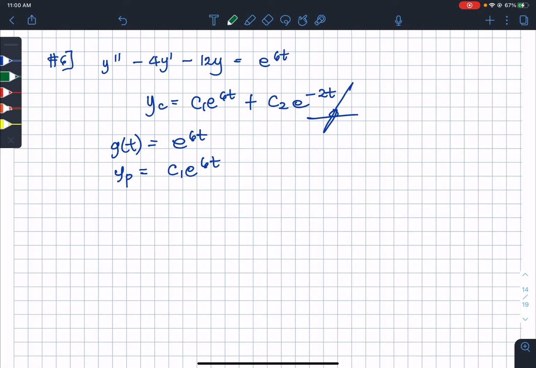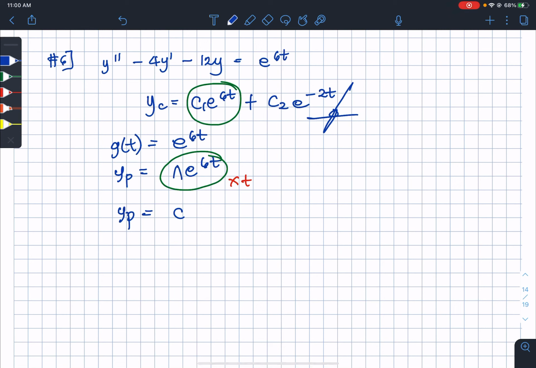However, this one is the same as this. So what we're going to do is multiply it by t. So our yp then would be, it's not c1, it should be a, a times t e raised to 6t.